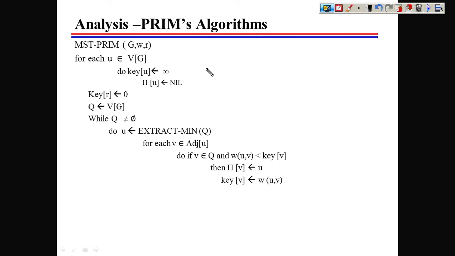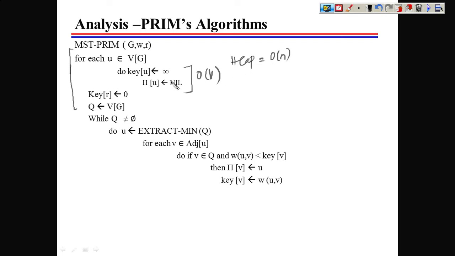So let us look here. This is your task one. For each vertex you have to initialize every vertex with an infinite value, and also set the predecessor to nil. This incurs cost V. And if you build a heap for the later process, the cost of building a heap is big O of n, where n refers to the number of vertices. So it will incur big O of V cost.